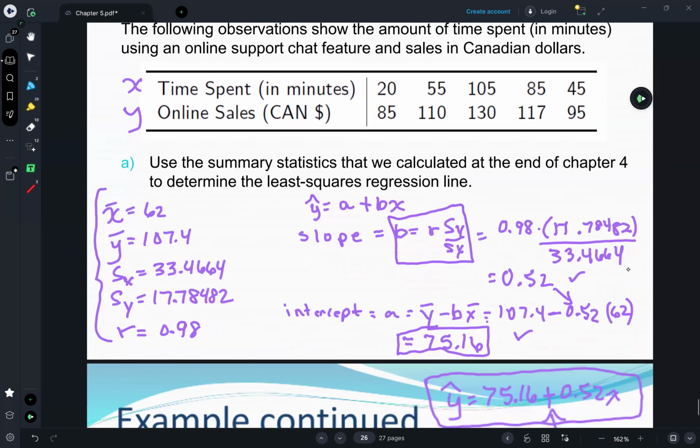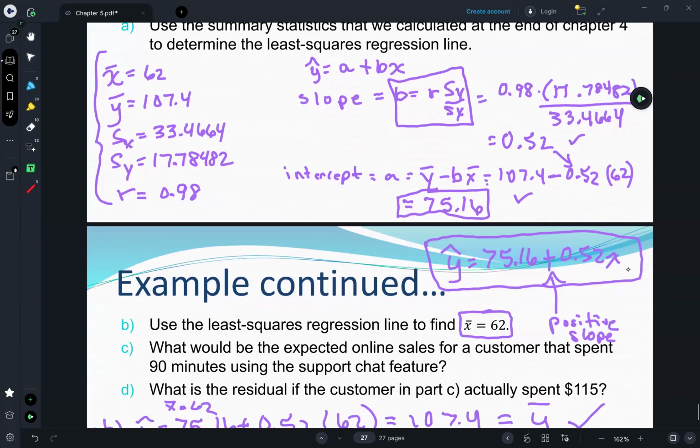Okay. And then from there, we were able to put it all together. Y hat equals 75.16 plus, and plus means the positive slope, the plus sign. If it's negative there, that would mean a negative slope. And so it's 0.52 times X, and X in this case is the time spent.